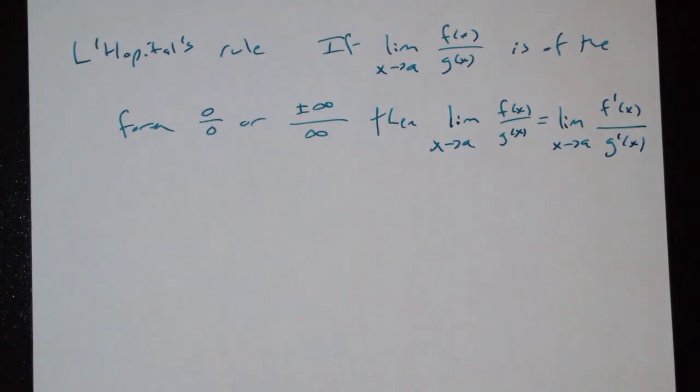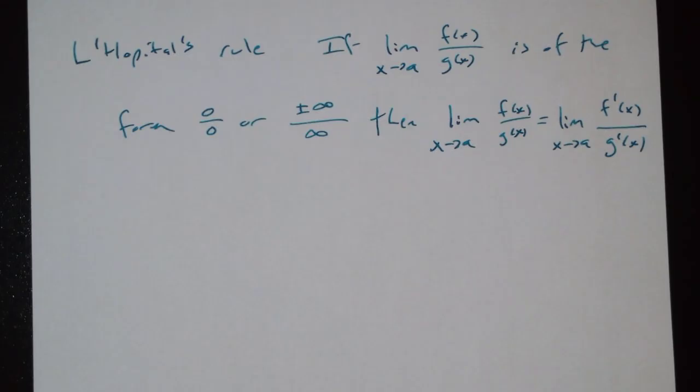So I can replace a function with its derivative. Now I may have to do a little rewriting, some algebra, some rearranging of terms to get the expression I'm working with to look like f of x over g of x. If it's multiplication, maybe I need to move something to the bottom and flip it over.